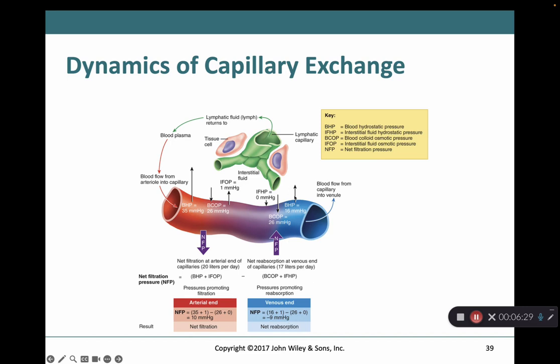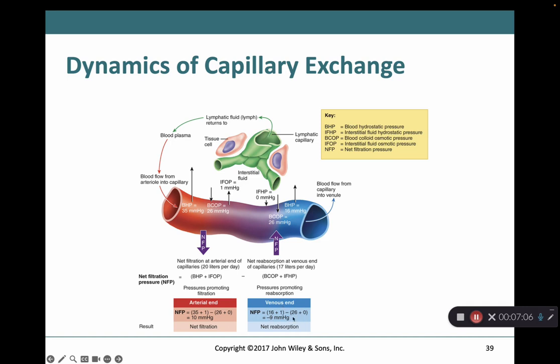So this here would be our blood hydrostatic pressure pushing out of 16 millimeters mercury, okay, plus our interstitial fluid osmotic pressure pushing out of 1 millimeter mercury, so 17, minus our blood colloid osmotic pressure pushing in of 26, plus our interstitial fluid osmotic pressure pushing in to the venous end of 0.